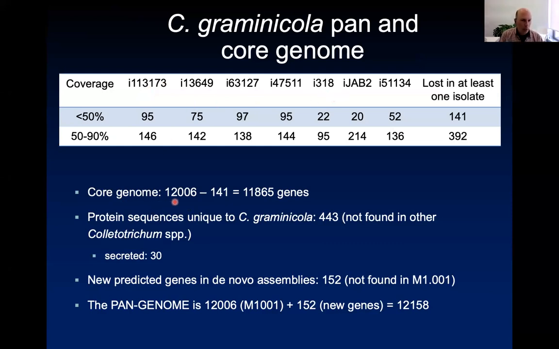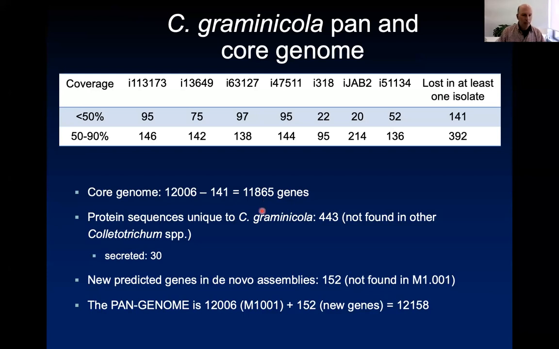So first of all, we have the core genome of M1001, which is 12,006 genes. And if we subtract the 141 genes that are missing in at least one of these isolates, we arrive at 11,865, and that is our core genome. And in there is where we would expect to find basic housekeeping genes, okay?